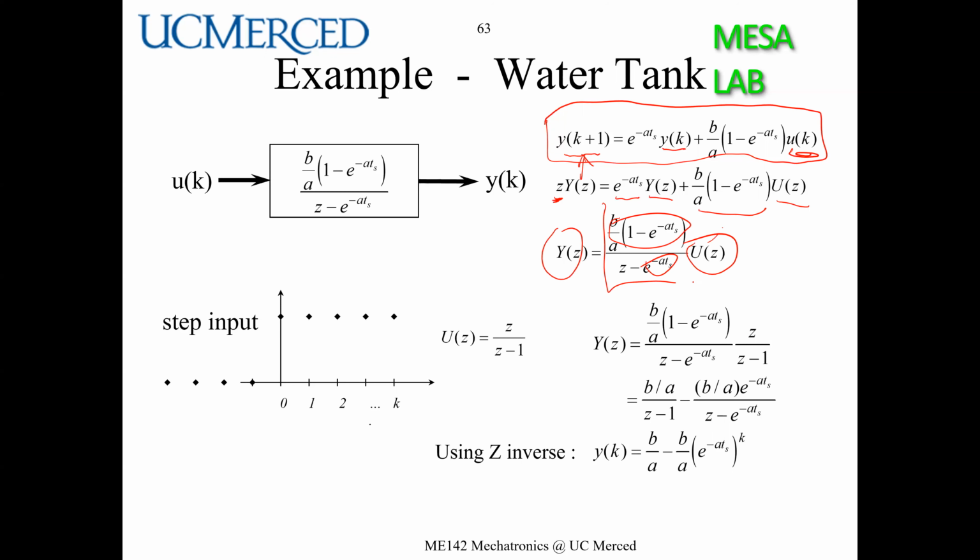So this is called the z transfer function, okay? Transfer function, z transfer function. But now, assuming that I have a step input, we know the UZ will be written as this one. I have shown that. Insert this one here. So this is my UZ. So how to write my yk?